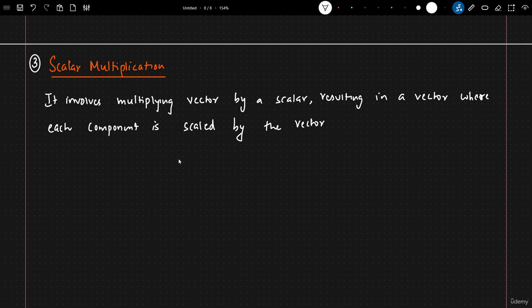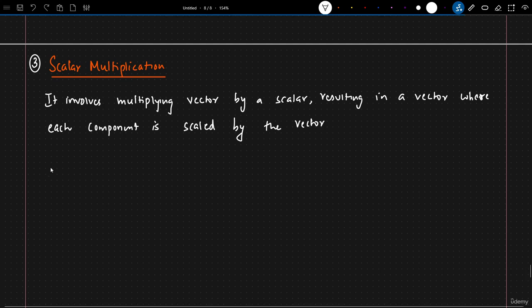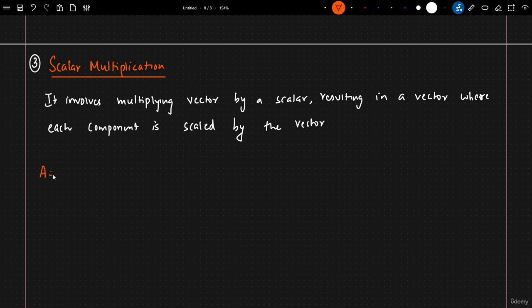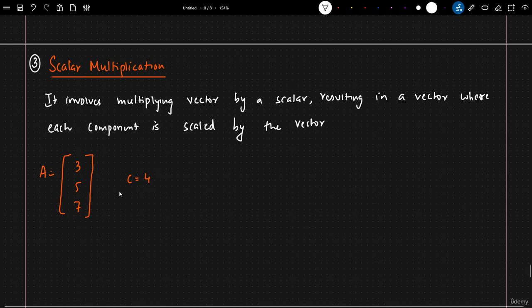Let's say that I have a vector A, and let's consider it as 3-dimensional: 3, 5, 7. And here we will initialize a scalar value C, let's say 4. When we say scalar multiplication, we are multiplying this scalar value with this vector.